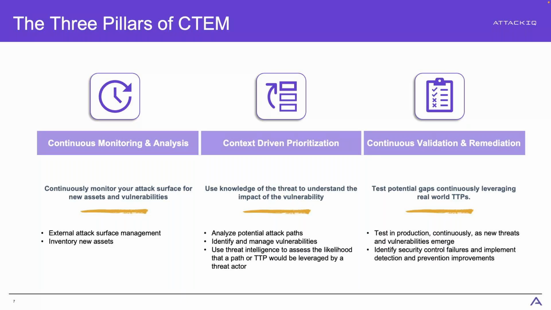So we have to assess that, and we have to take a look at that under the context of the rest of the environment. Is there any way to get to this box? Is there any way to use the accounts that are going to go along with this, and do those accounts have any access to anything? And then, of course, continuously validating and then remediating those things that are there.